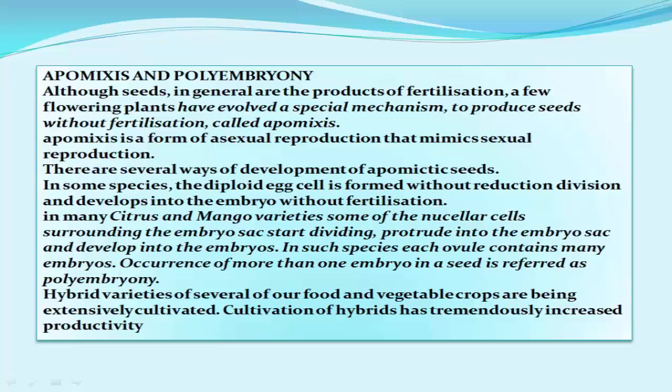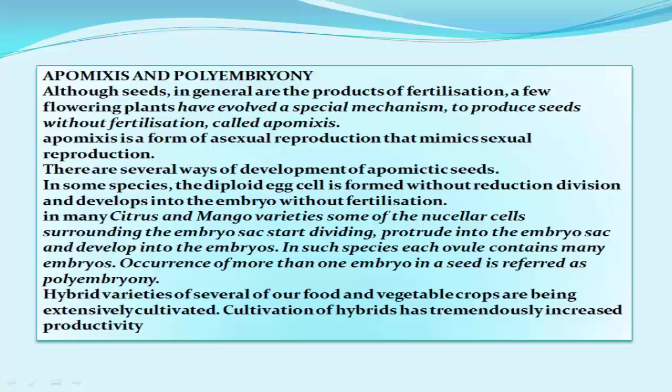In such a species, each ovule contains many embryos. They may be developing from the cells of the nucellus. This condition is called polyembryony. The occurrence of more than one embryo in a seed is referred to as polyembryony.